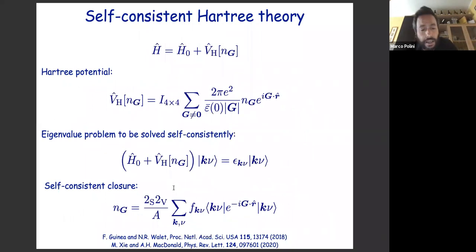Okay, but as Alan mentioned, and many other people, and Paco stressed this a lot back in 2018, it's very important in these systems to include screening, in the sense that because of the moire, there is a highly inhomogeneous charge distribution, and you have to calculate the density self-consistently in order to make sure that screening of the electron system is taken properly into account, and this has an impact of course on the band structures. Many people have stressed this recently.